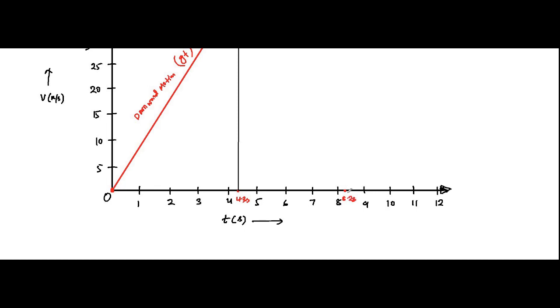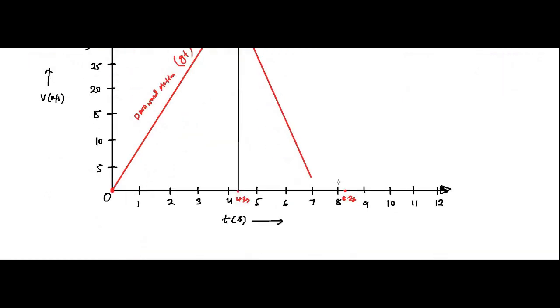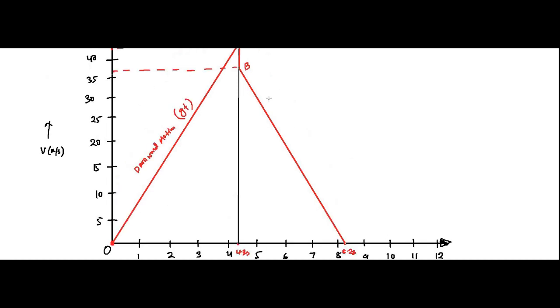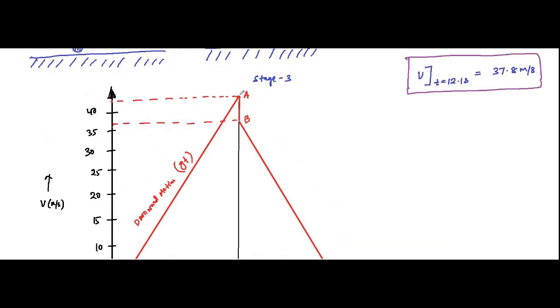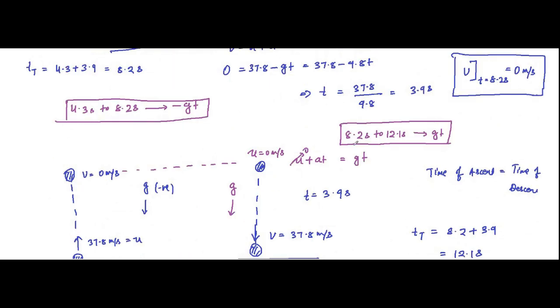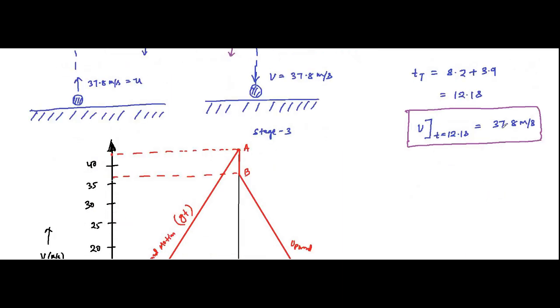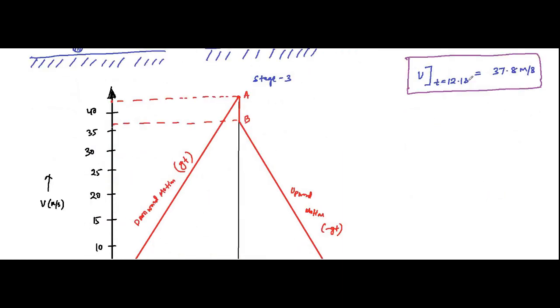This is the upward motion against gravity, that's why the velocity reduces, with minus g t. Then from 8.2 to 12.1 seconds, again it is accelerated, and at 12.1 seconds it attains the same velocity: time of ascent equals time of descent, identical velocity at identical points.